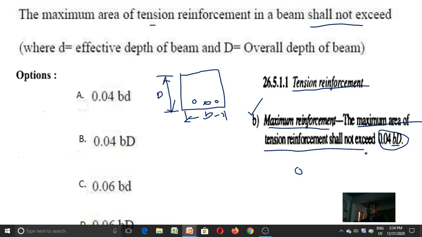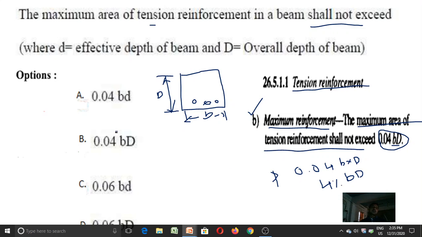It is the gross cross sectional area. So it should not be greater than 0.04 times the gross cross sectional area, that is B multiplied by capital D. It is also called 4% of B into D. Another way we can call it is 4% of the gross cross sectional area.